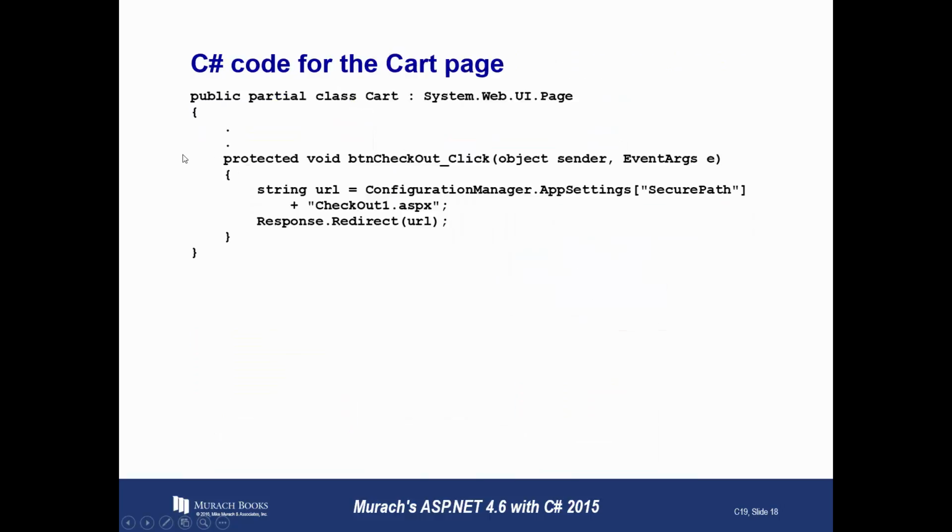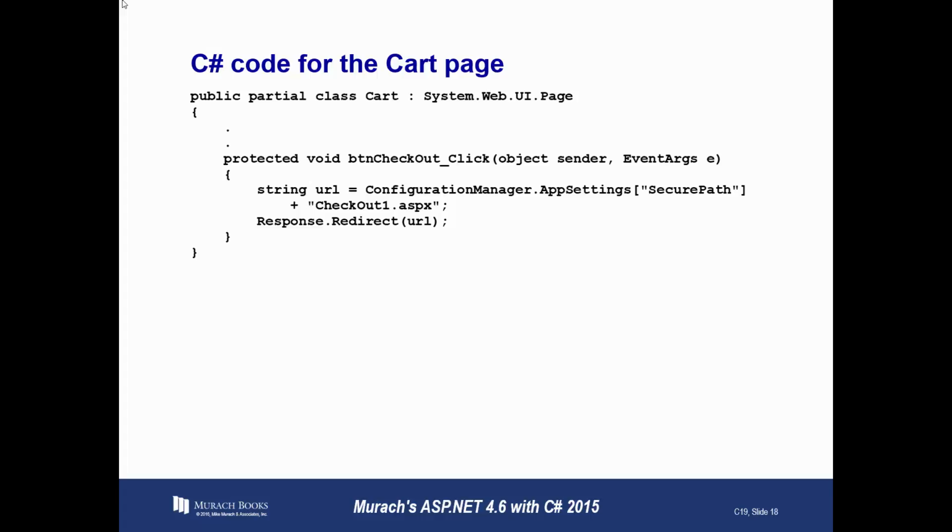So when we look right here at the code, at the top here, what you see is the code for the click event for the checkout button. This code creates the URL using the value of the element with a secure path key that's specified in the app section of the web.config file.